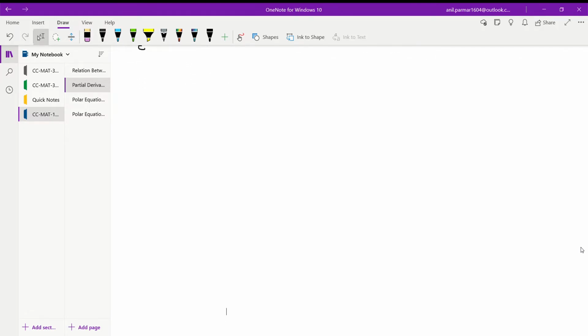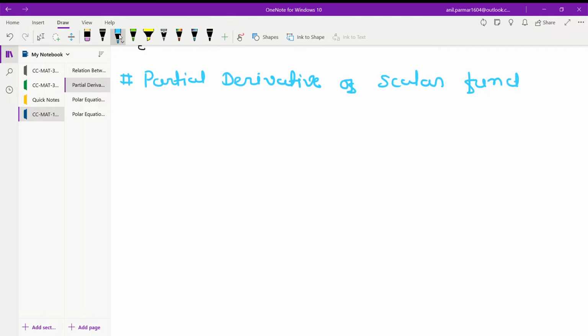Now the thing is the partial derivative of a scalar function.